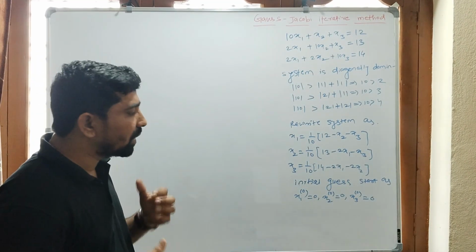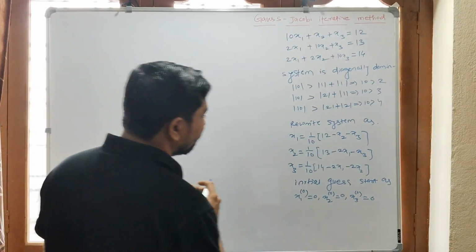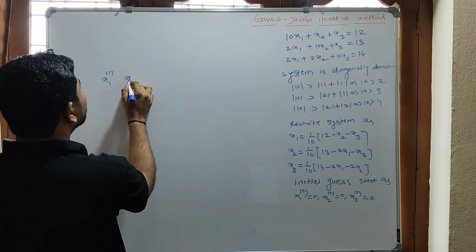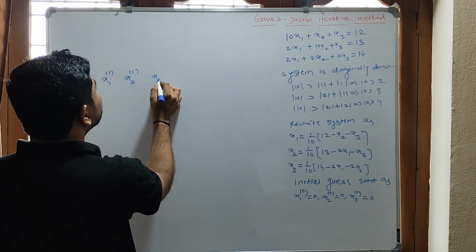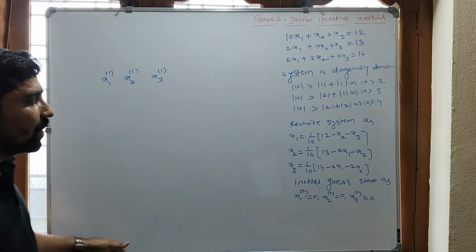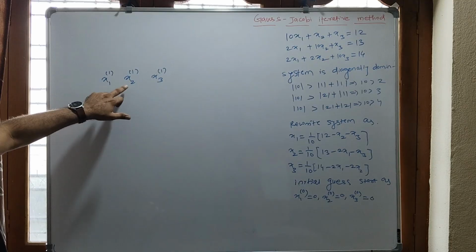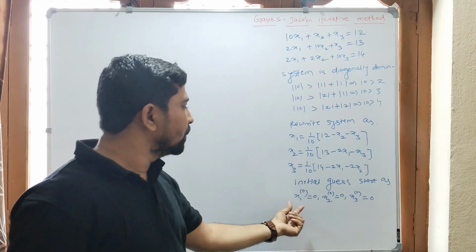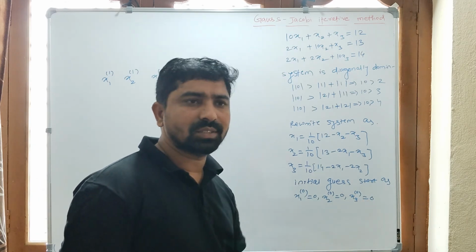Now I want to find my first iteration, that is x1 at 1, x2 at 1, and x3 at 1. While finding these, we have to use x1 at 0, x2 at 0, and x3 at 0.